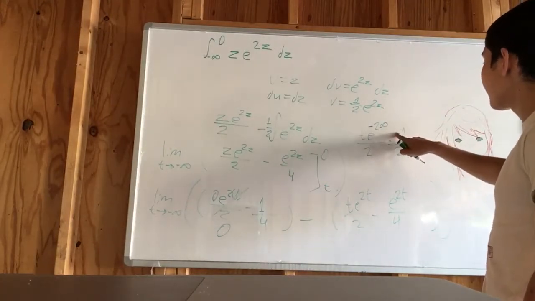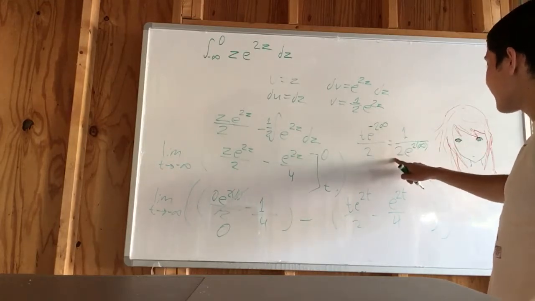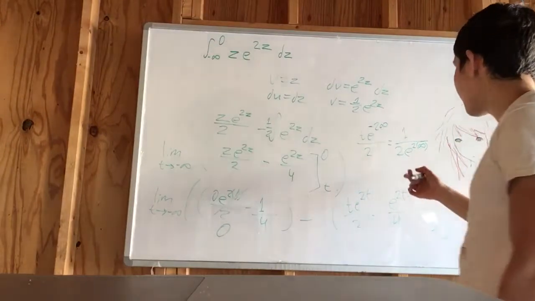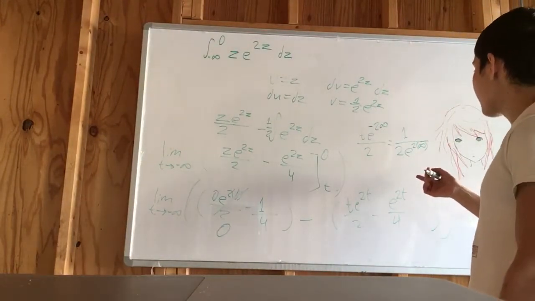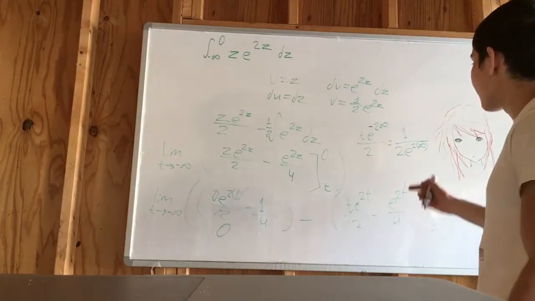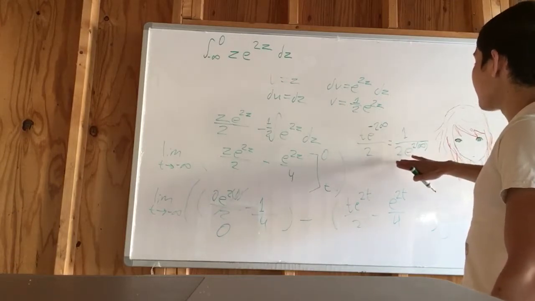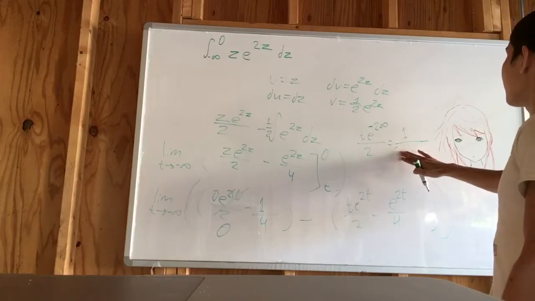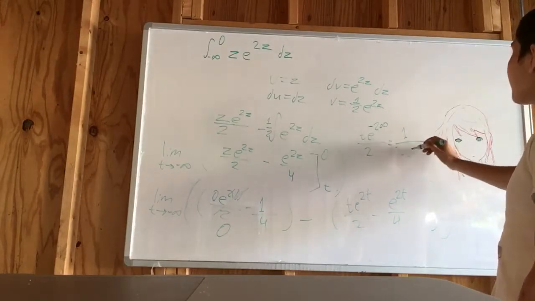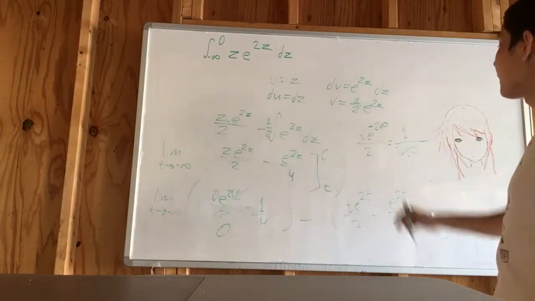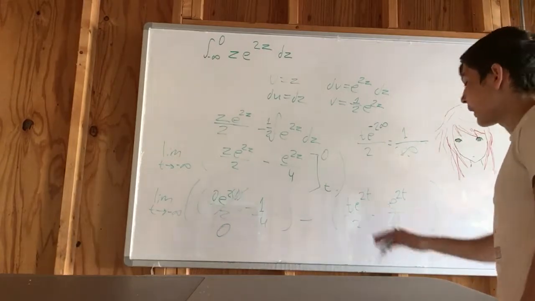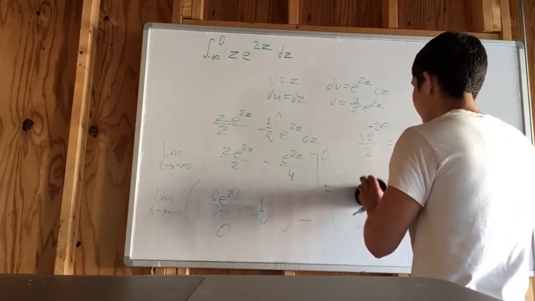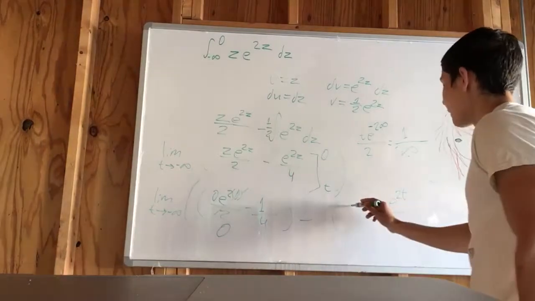So we take the derivative of what's on top, and we take the derivative of what's on bottom. If we take the derivative of what's on bottom here, we still get just something going to infinity. So we have a denominator going to infinity, and we have a constant up here, so this goes to 0. This entire thing right here goes to 0.